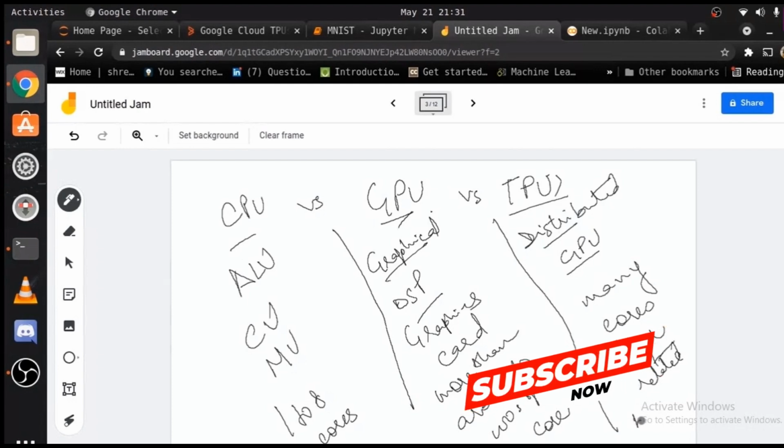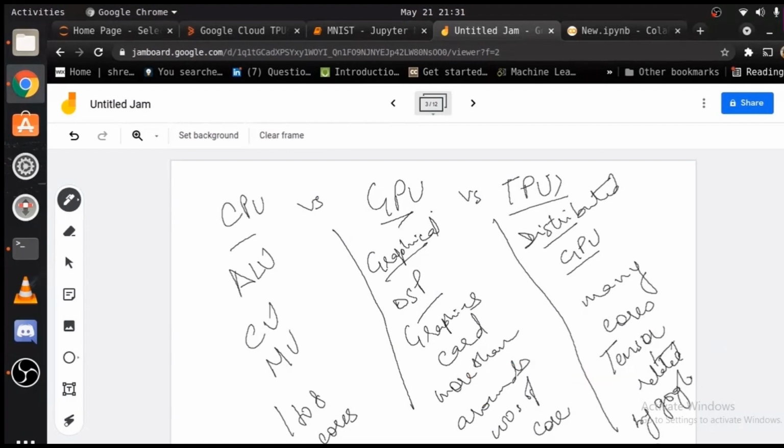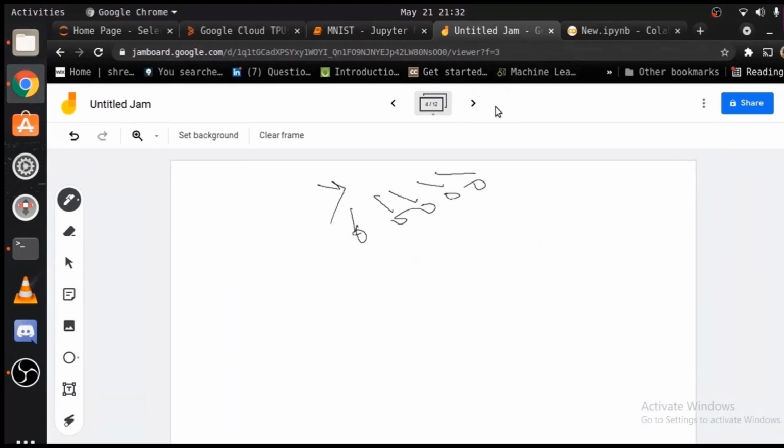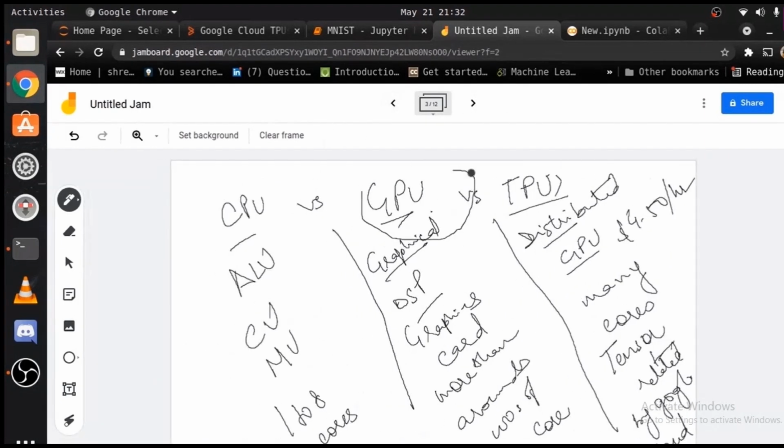TPU is provided by the cloud, by Google. So you can find TPU only through Google. They charge like $450 per hour as far as I remember.